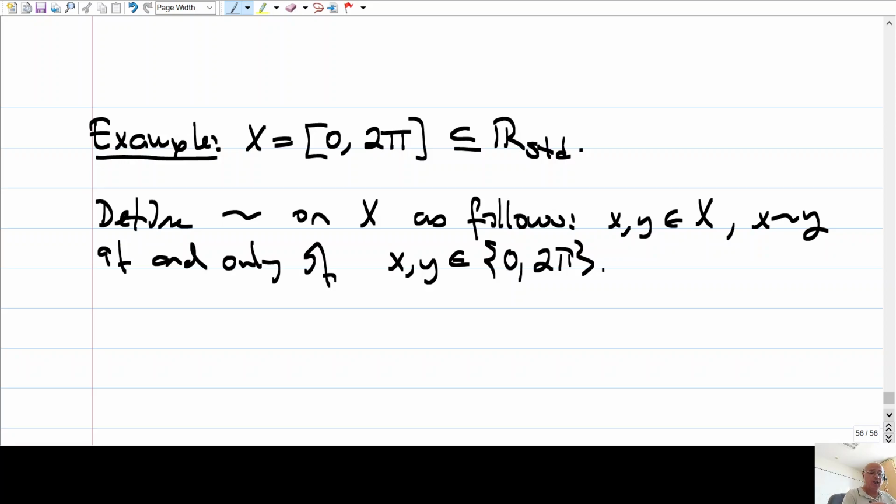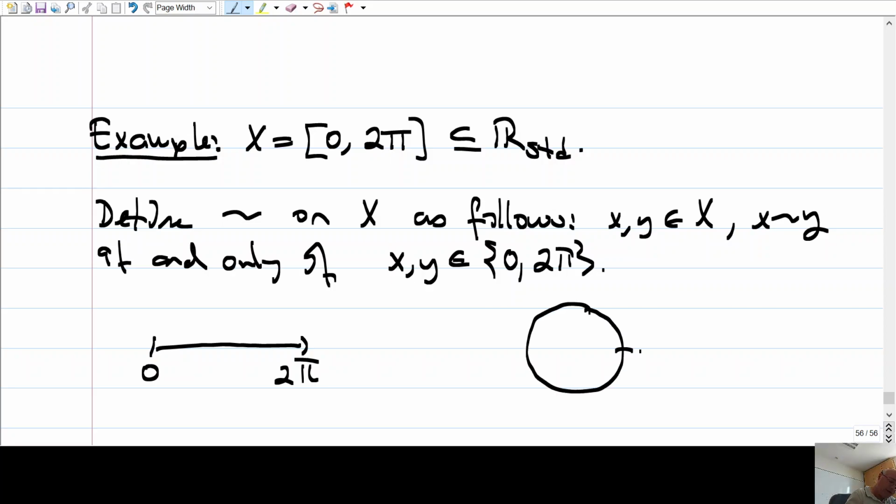In other words, I just identify the two ends of this interval. Well, what would you get if you identify two ends of this interval? Of course, you get a circle, right? So 0 and 2π are identified. You just get a circle.